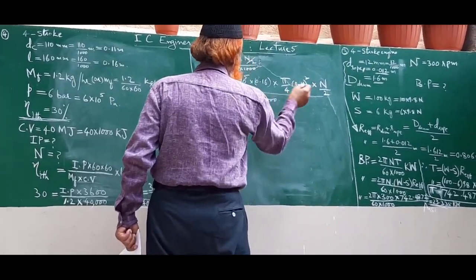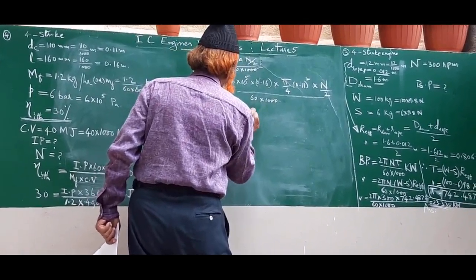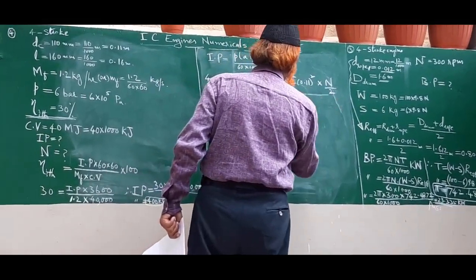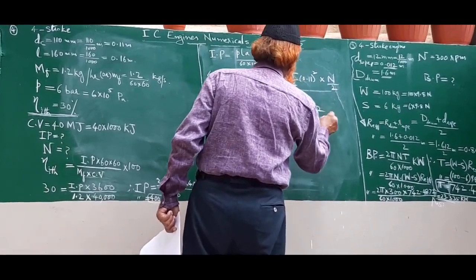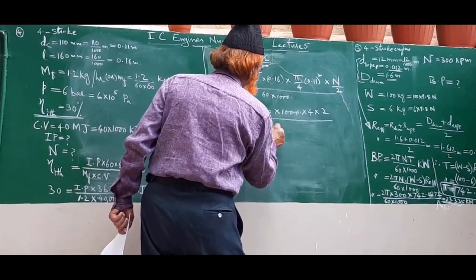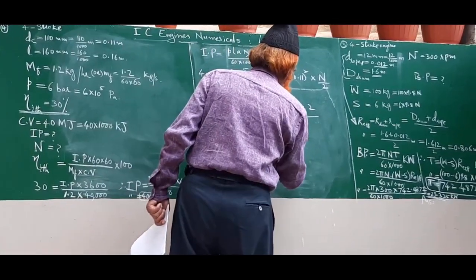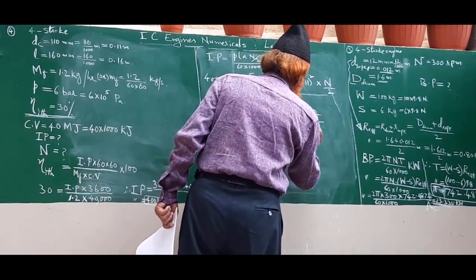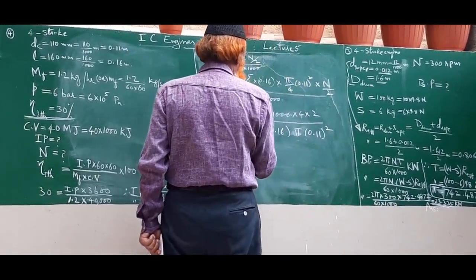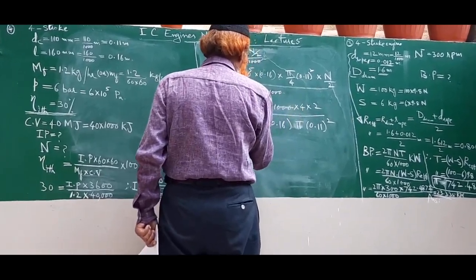Therefore n you are getting, n is equal to... do it quickly now, 400 into 60 into 1000. Take the 4 and 2 up also, 4 into 2 divided by 6 into 10 to power 5 and 0.16 and 0.11 into pi and 0.11 square.